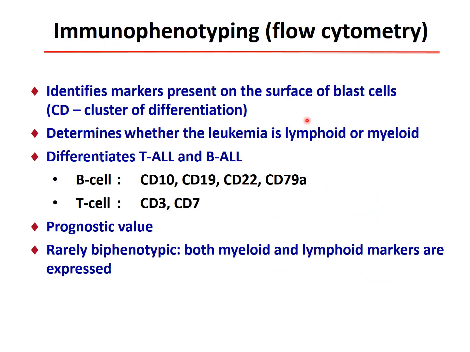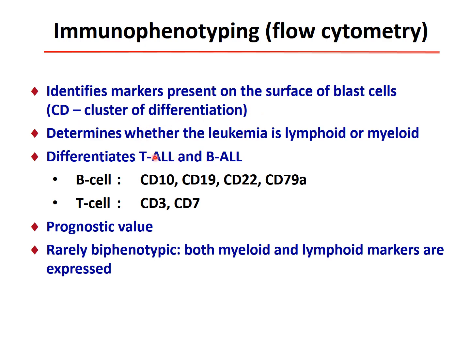Now, immunophenotyping, as we mentioned for myeloid, is true for lymphoid as well. First of all, when somebody has a sign of acute leukemia, we have to specify whether it is myeloid or lymphoid. This is usually done by a CD marker test, using special markers. For example, myeloid is CD33 or CD117, as we discussed in a previous seminar. Here we have, however, some T markers or B markers.